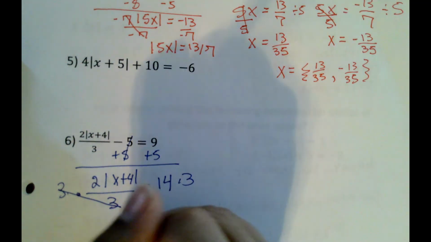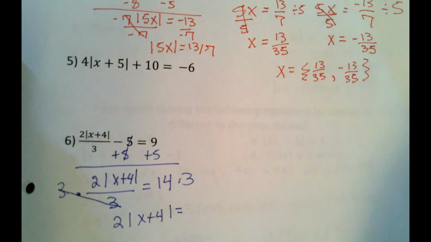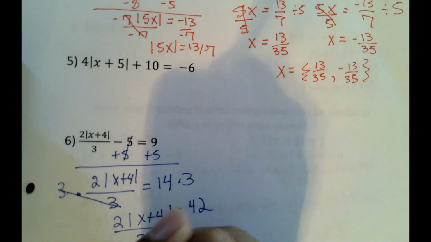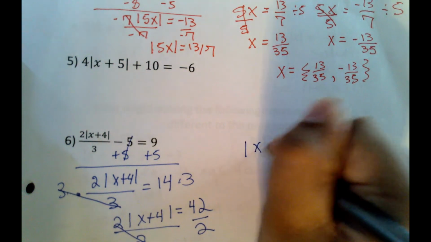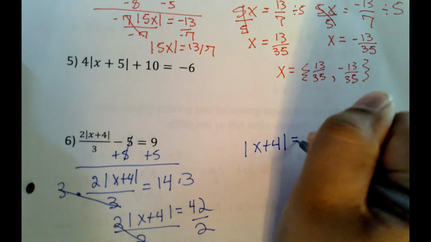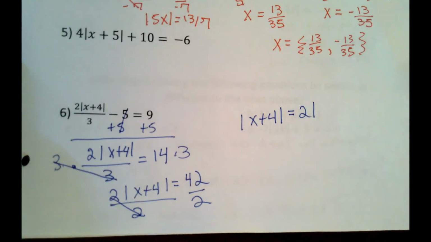So you're going to get 2 times x plus 4 is equal to 42. Finally, to get abs all by itself, you need to divide. So you're going to get x plus 4 is equal to 21. So sometimes there are going to be multiple steps you have to do to get your absolute value by itself, and if there's a fraction, we do not fret, we just follow the steps until it's alone.